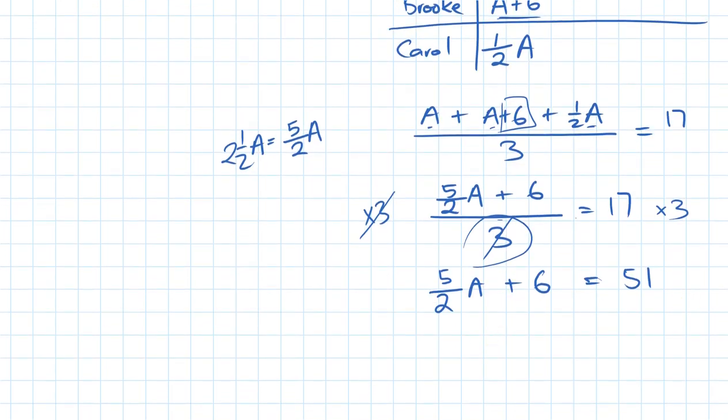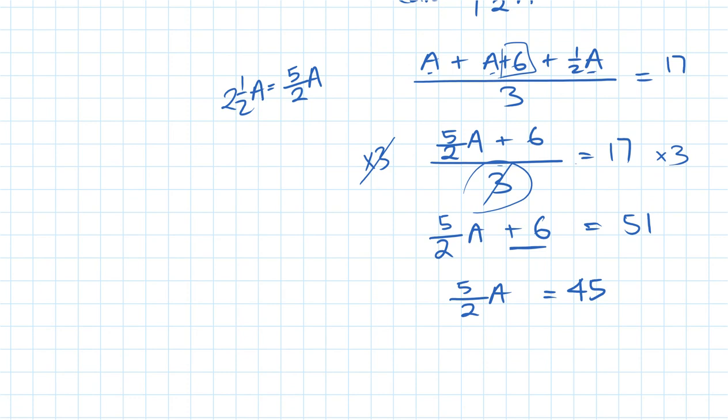Okay, now this is a little bit simpler. We can subtract 6 from both sides to deal with that plus 6. If I subtract 6 from both sides, I end up with 51 minus 6 is 45. I've got a fractional equation here, so to get rid of this 2, I'm going to multiply both sides by 2.